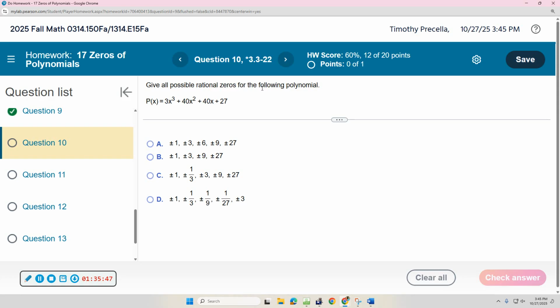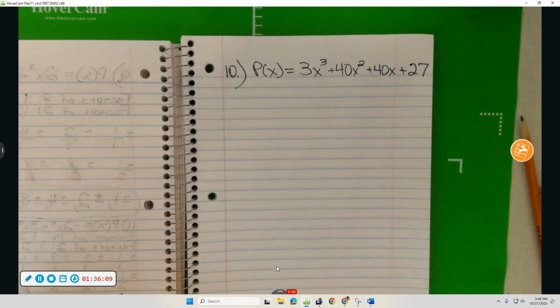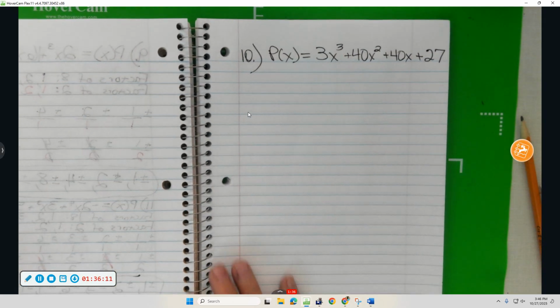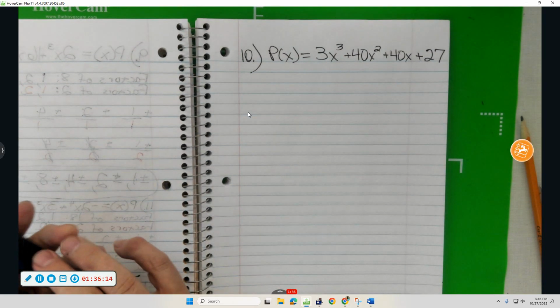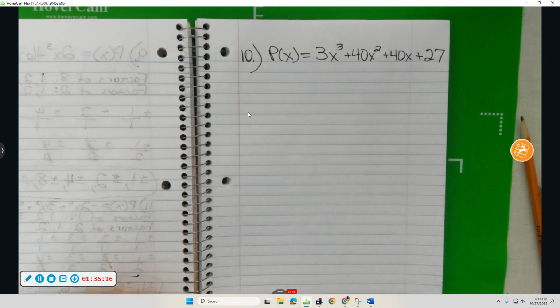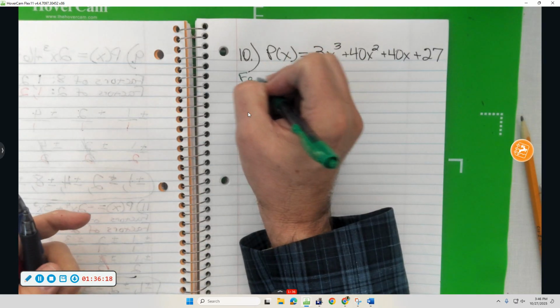Here's the function. They want us to find all the numbers that could possibly be zeros: 3x cubed plus 40x squared plus 40x plus 27. The first thing I will do is find the factors of 27.